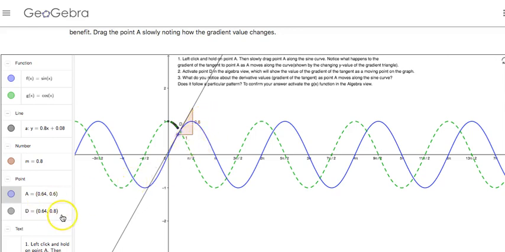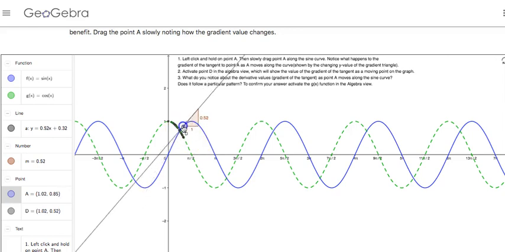And if I look down here at point D, see its y value is 0.8. It happens to be the same as the gradient. So the point on the green curve is the same as the gradient of the blue curve, the y value.